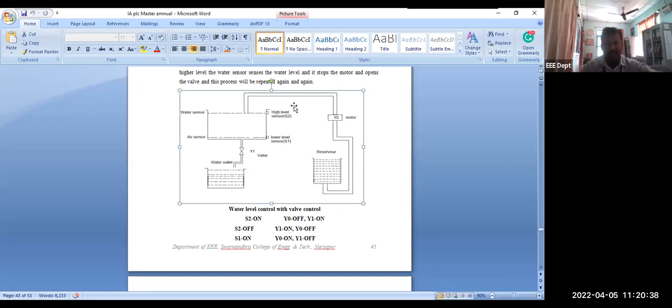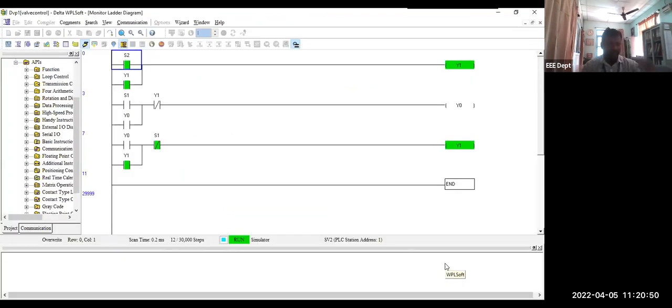S2 means nothing but high level sensor, S1 is low level sensor, Y1 is valve, Y0 is motor. When S2 is on, high level sensor will be on, so in that case Y1 on, Y0 off.